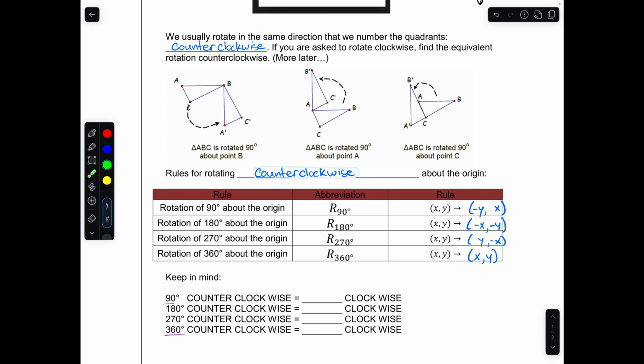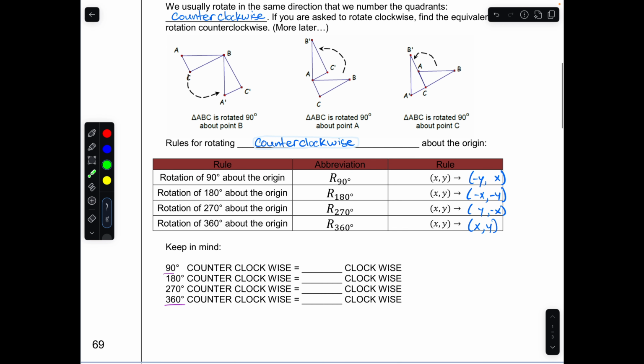And then you can see similar rules for rotating 180 degrees counterclockwise or 270 degrees counterclockwise. This last one should come as no surprise. If you rotate 360 degrees, you've made a complete circle, and you're back where you started. So the coordinates of the pre-image won't change at all, and they'll be the coordinates of the image as well.